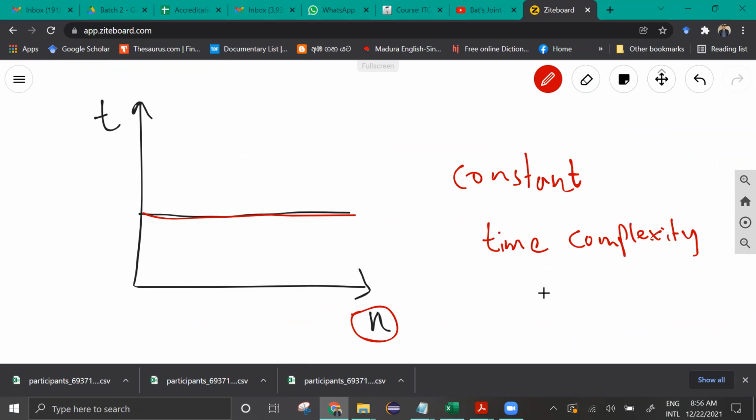We give that as Big O(1). This is the constant time complexity.